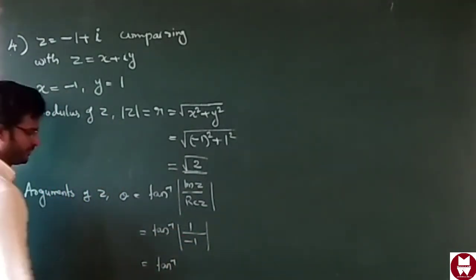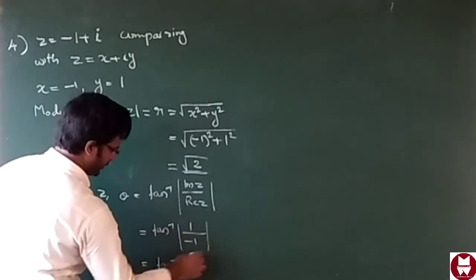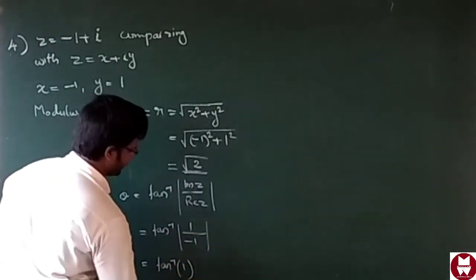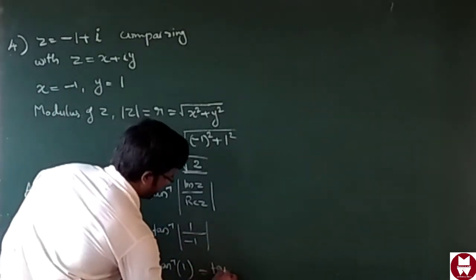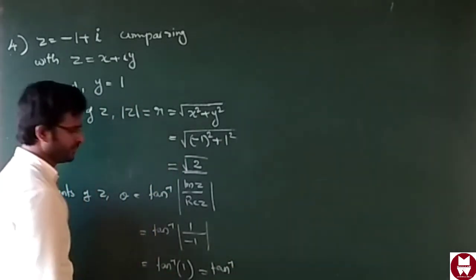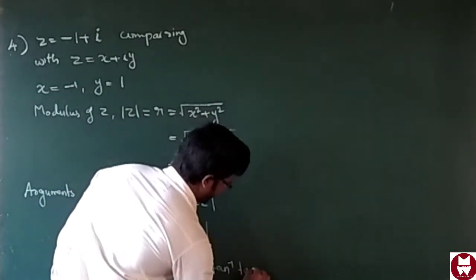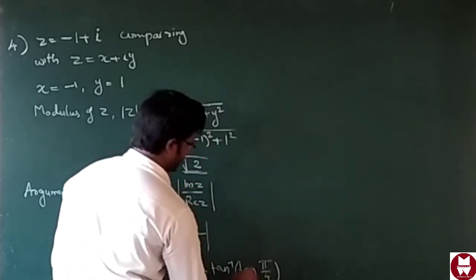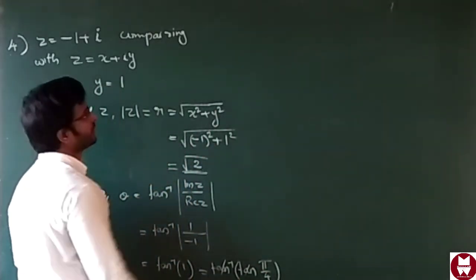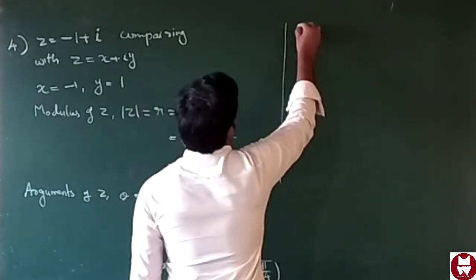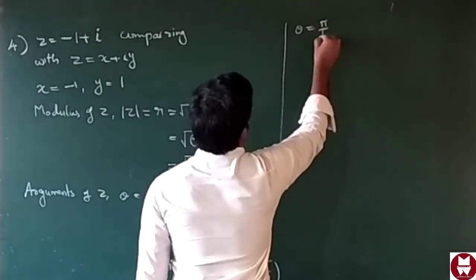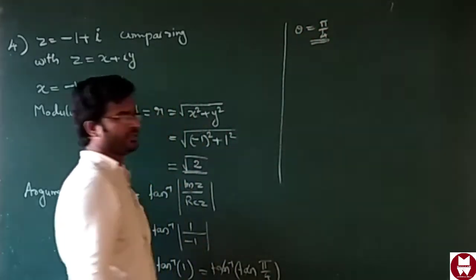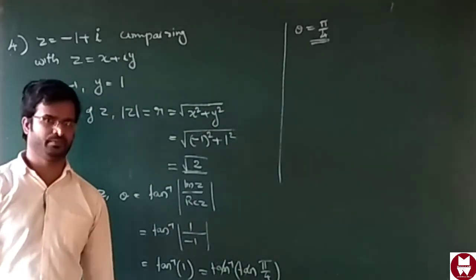You will get minus 1. When you take modulus of minus 1, it will be 1. Tan inverse 1 means tan 45, and tan 45 we can write as pi by 4. Tan and tan inverse, just cancel them. Then you will get theta equal to pi by 4. We got theta equal to pi by 4.